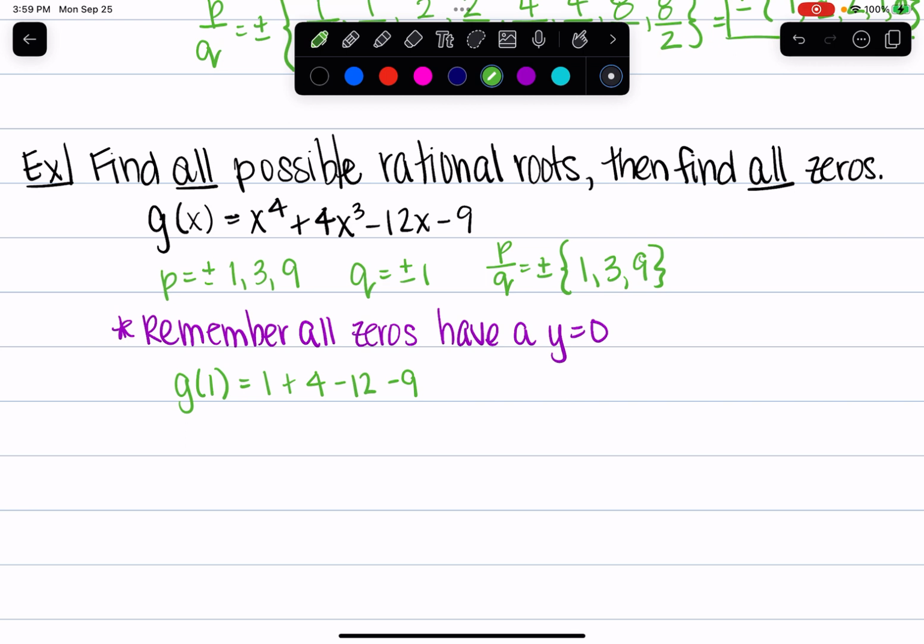Here, 1 plus 4 is 5, minus 12 is negative 7, and then you subtract more. Basically, this is not going to be 0, so in other words, not a factor. I would always test this first.